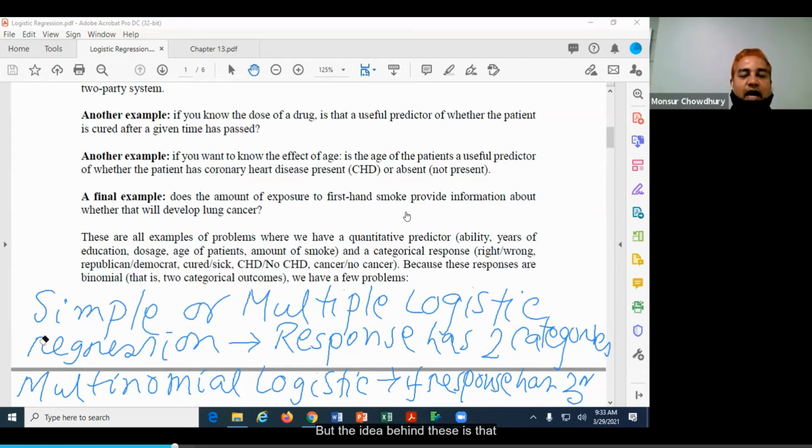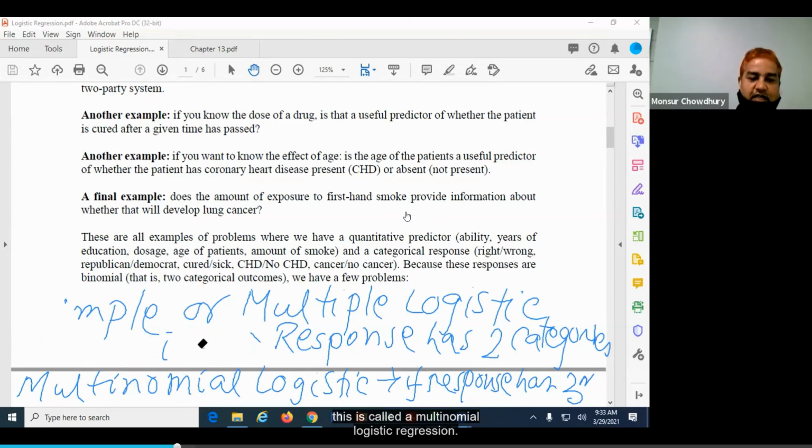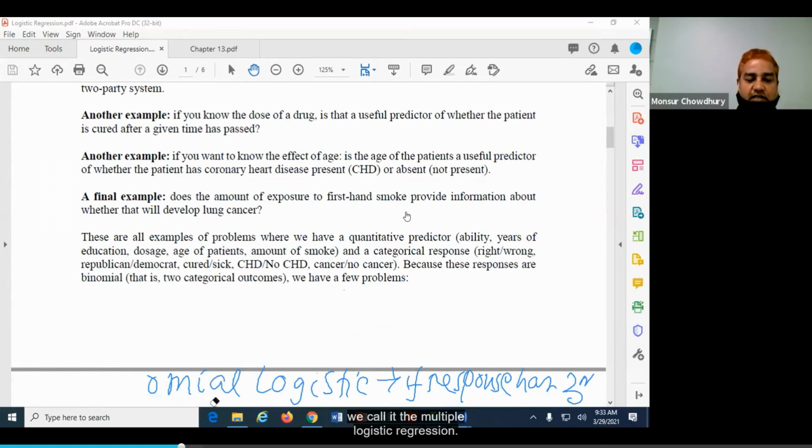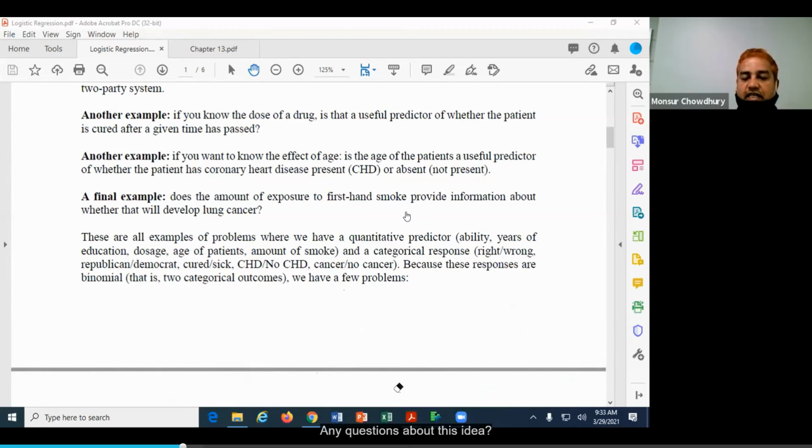If we have more than two categories, this is called multinomial logistic regression. If we consider only one predictor, this is called simple logistic regression. But if we have more than one predictor, we call it multiple logistic regression. Any questions about this idea?